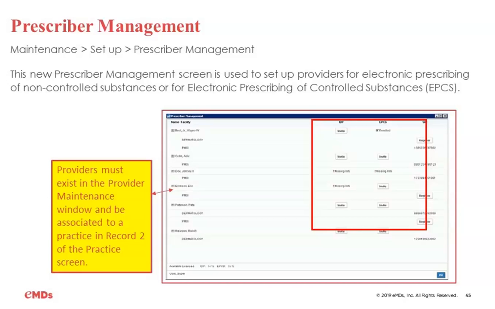But once you get to this point, this is where you could go in, and if I've got Dr. whoever set up and I need an additional SPI, I could come into this window and click my invite button, register button right in here.